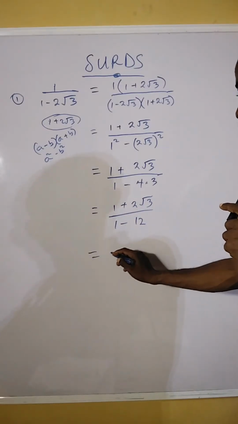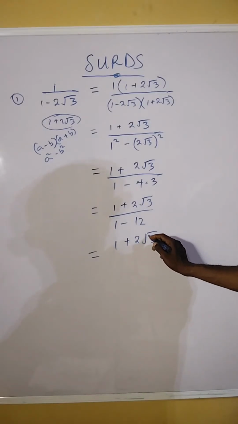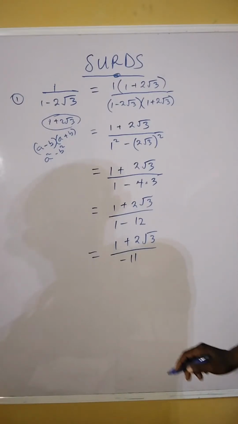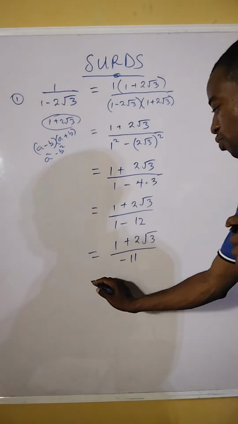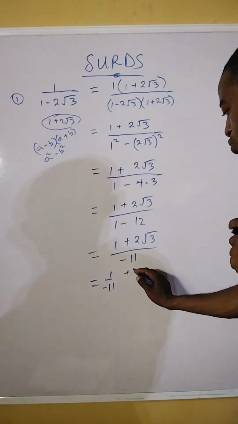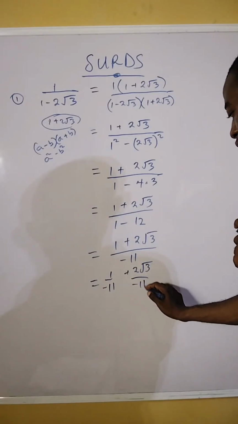That is, we have 1 plus 2 root 3 divided by minus 11. And we can just separate this, and we have 1 over minus 11 and plus 2 root 3 over minus 11.